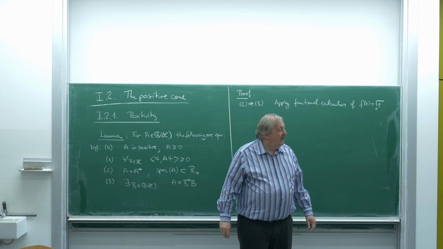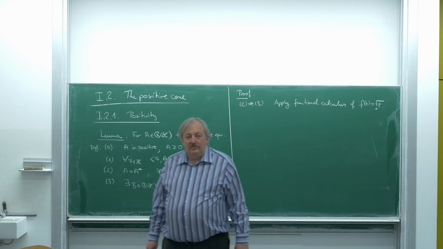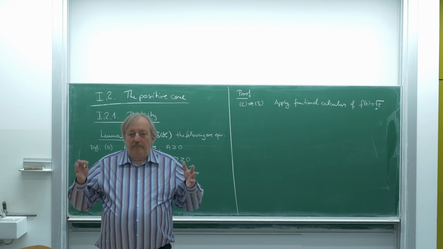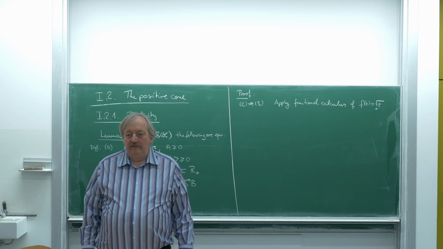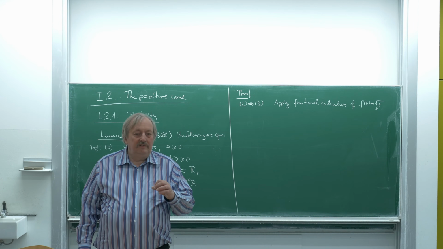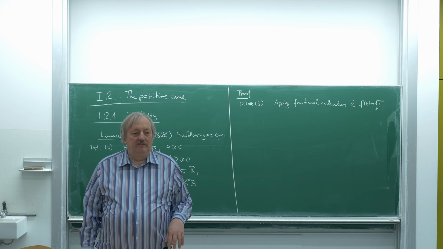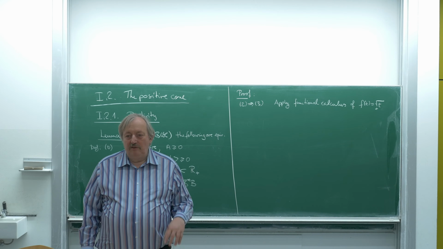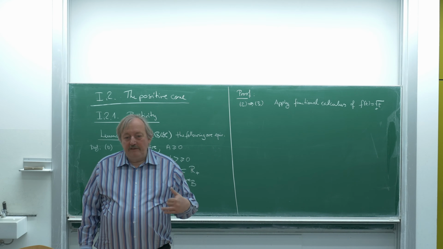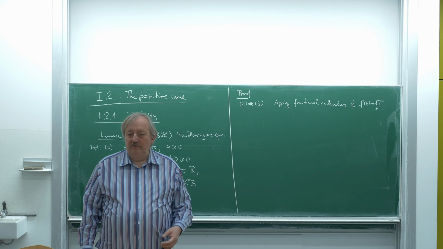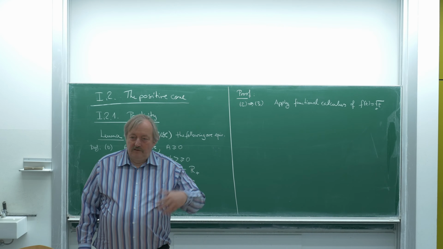And just as a reminder of the functional calculus, the idea is that we represent the given operator as a multiplication operator on some set. And then it will be multiplying with positive numbers. That's exactly what it means that the spectrum is on the positive half-axis. Now we build the operator B by taking the square root of these numbers and making a multiplication operator in the same space.